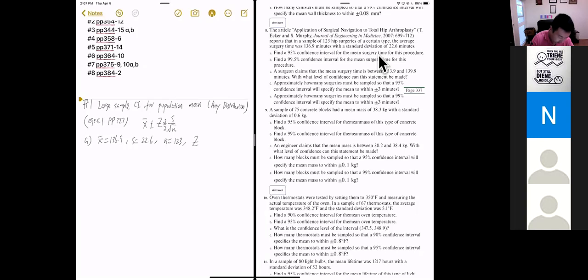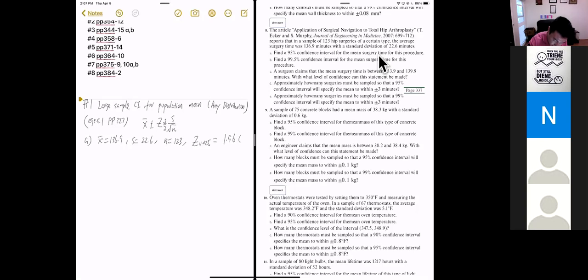For z half alpha, because this is a 95% confidence interval, alpha is 100 minus 95%, which is 0.05. So half alpha will be 0.025. We have done this so many times. So 0.025 is half alpha, and from the Z table, z half alpha will be 1.96.